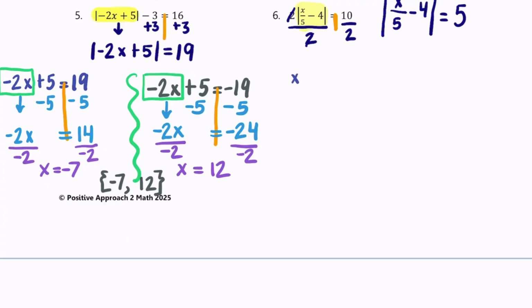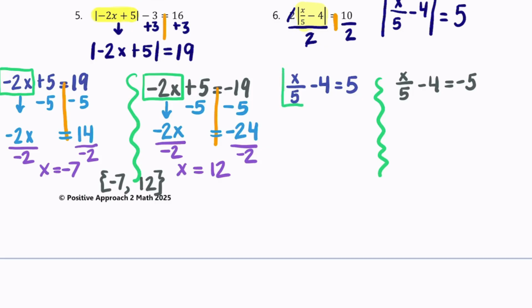The first one's going to look exactly like we see. We're just going to get rid of those absolute value bars. And our second one, we're going to write what's inside those bars exactly as is, and instead of setting it equal to positive 5, we're going to set it equal to negative 5.